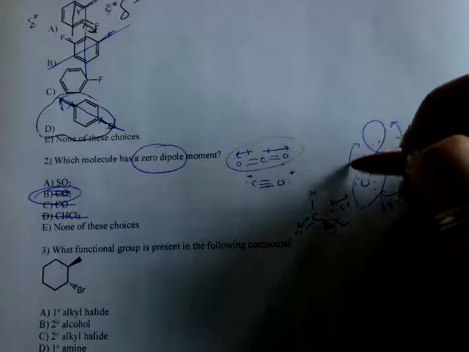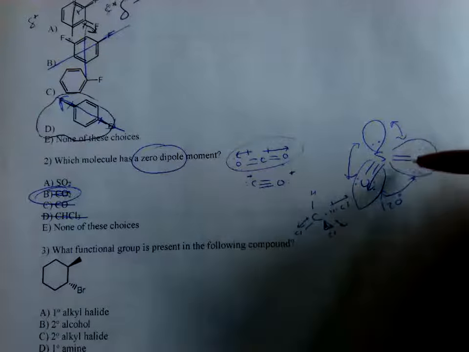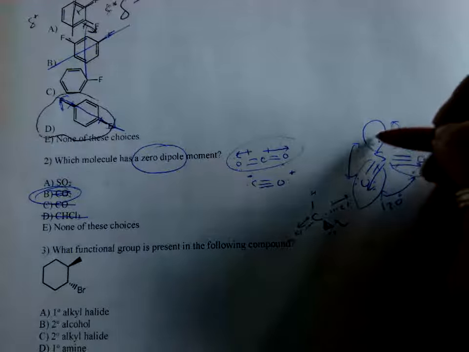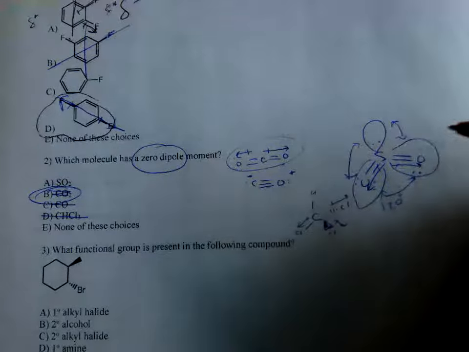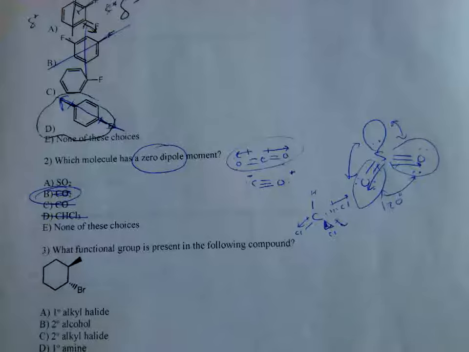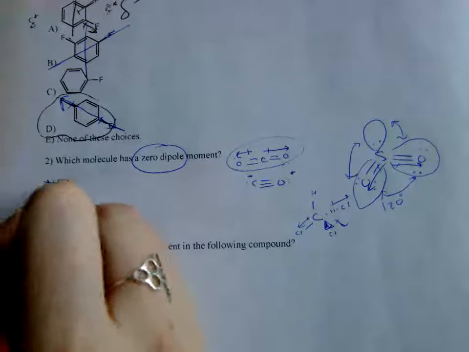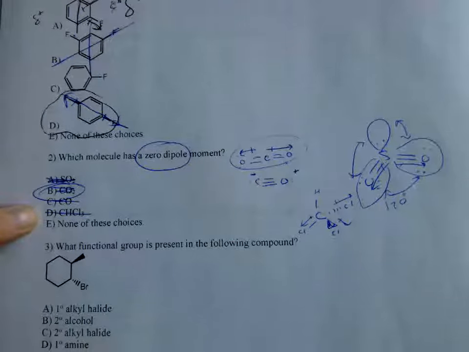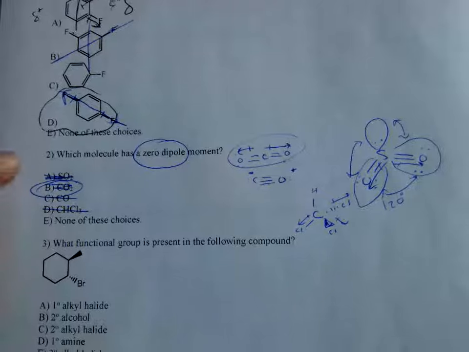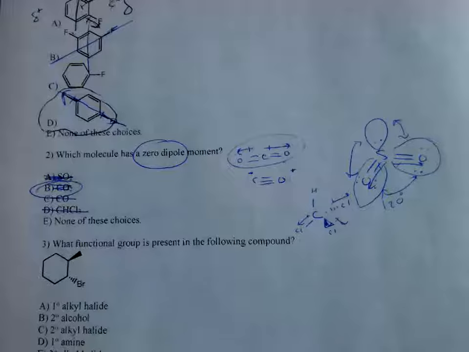And with that 120-degree angle, these are pulling electron density away, and there is a heavy electron density in this lone pair. So this actually is going to be polar. So we know that CO is polar, CHCl3 is polar, and SO2 is polar, so CO2 is the only one which has zero dipole moment.